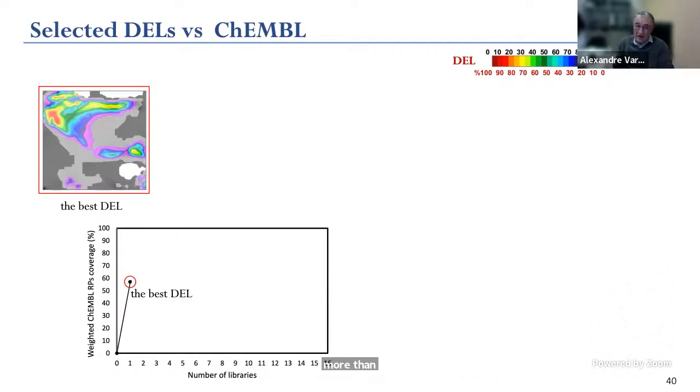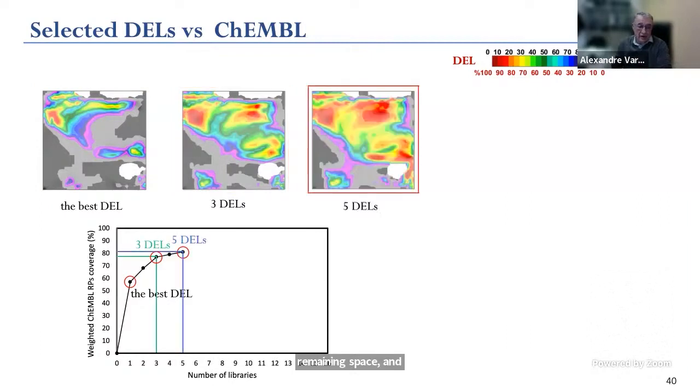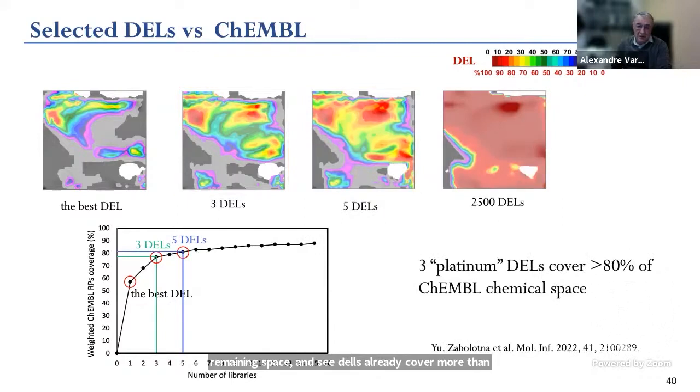Then we identified the DELs which best cover the remaining space, and 3 DELs already cover more than 80%, and 5 DELs more than 85%. And what is interesting is that no DELs cover the entire Campbell chemical space.